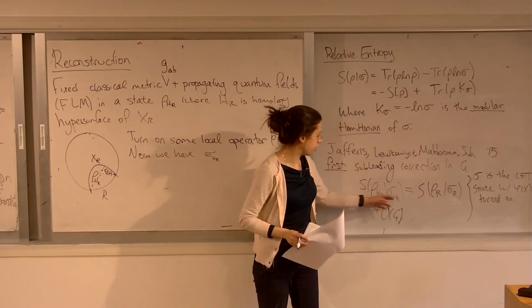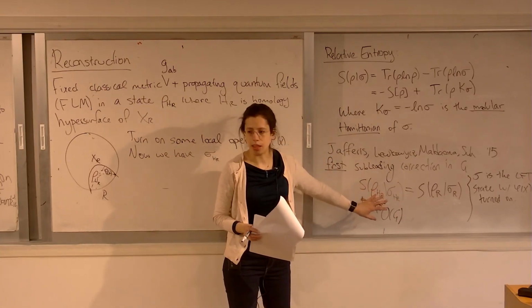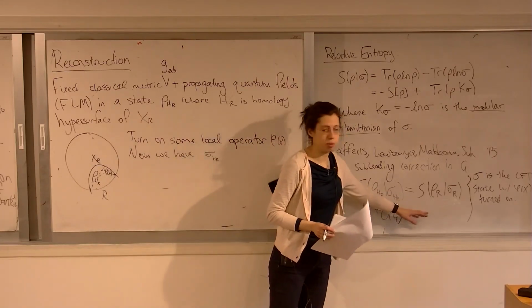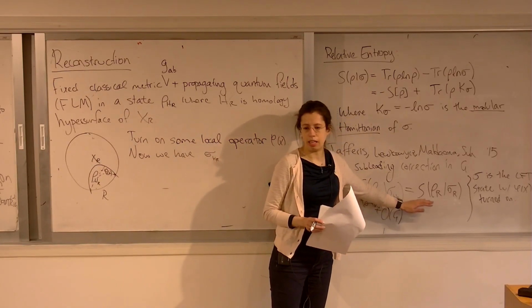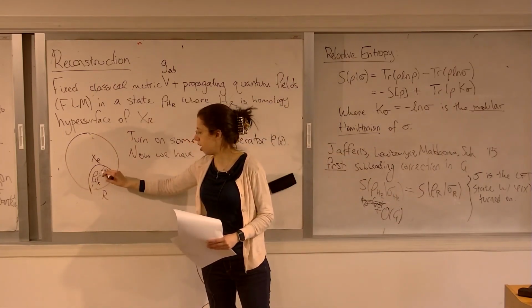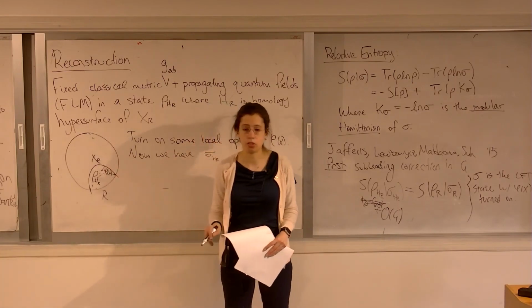And in fact, JLMS didn't actually say that this means you can reconstruct. That was an argument made by Dong, Harlow, and Wall. But it really heavily relied on the relative entropy and the fact that we have this distinguishability measure that can distinguish between the states in the bulk where one has this turned on and one does not.